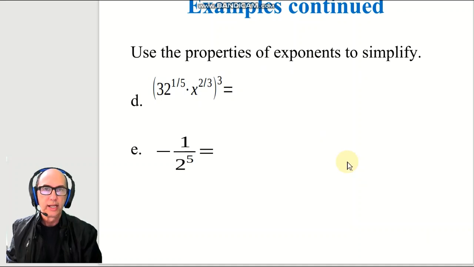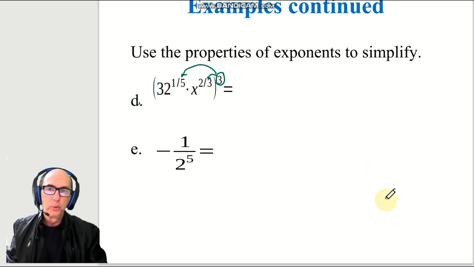A few more examples. Parentheses, 32 to the power of 1 over 5 times x to the power of 2 over 3, this whole thing to the power of 3. We will apply the power to each one of the factors.